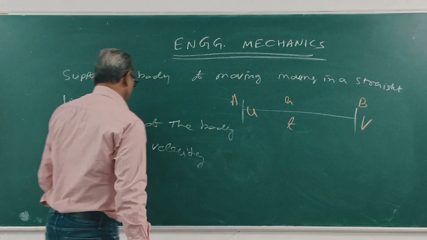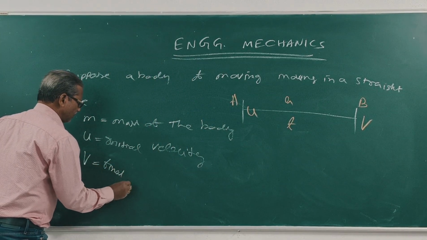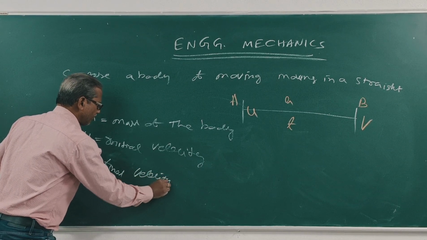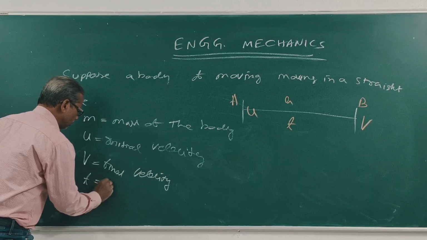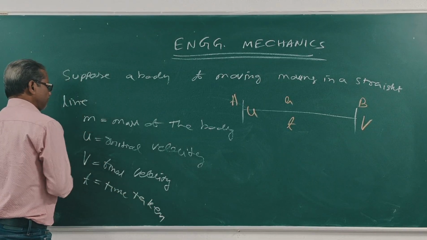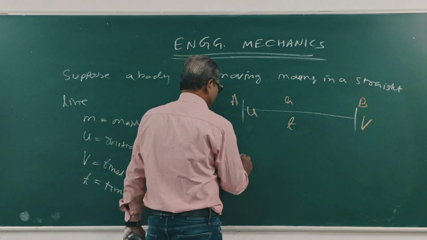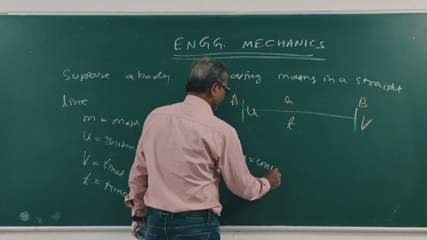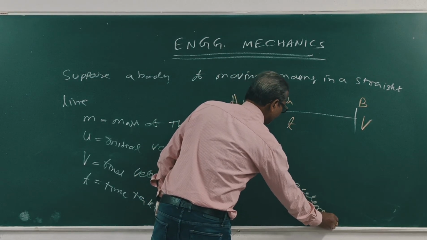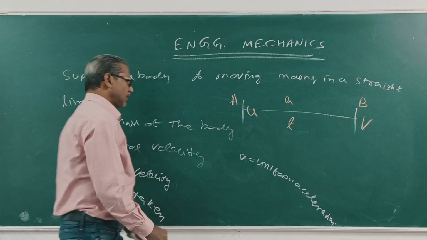So v is equal to the final velocity, t is equal to the time taken, a is the uniform acceleration.